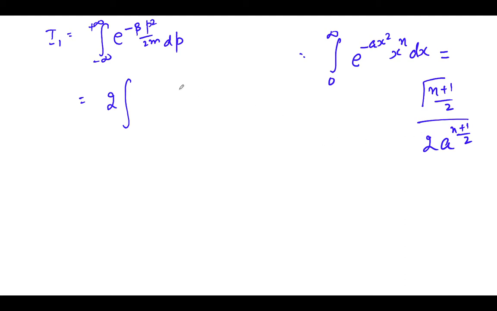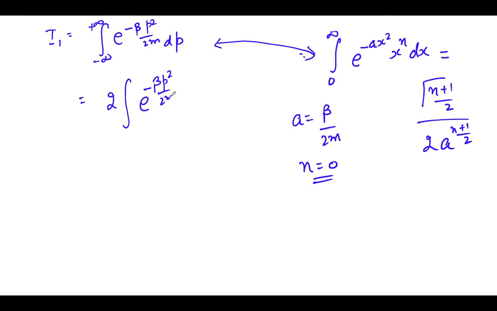Comparing this integration with the standard one, we can see that the value of a is beta over 2m, and the power n of x is 0, so (n plus 1) is equal to 1. So we can write this integration as exponential of minus beta p square over 2m, p raised to power 0, into dp.